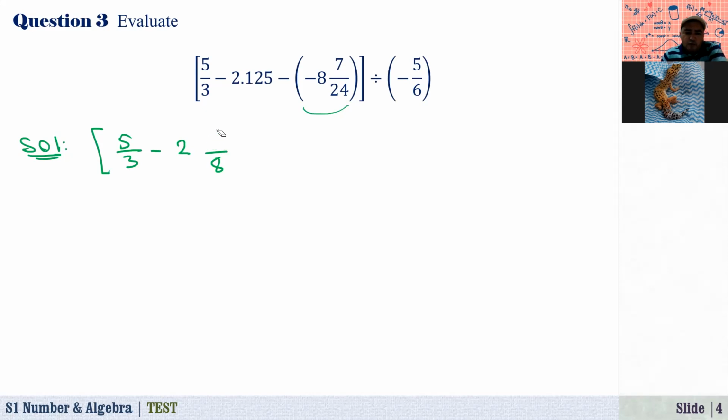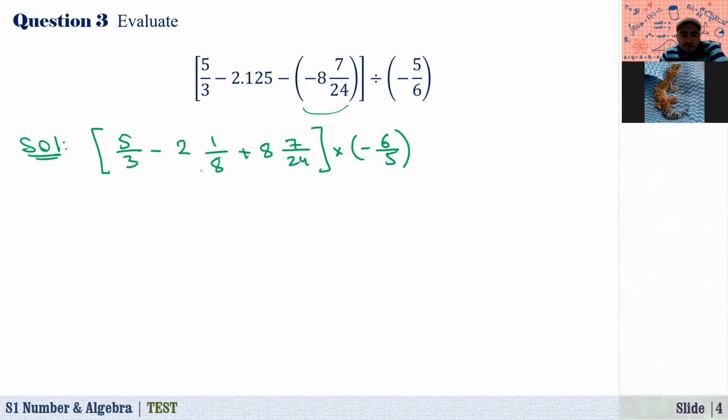Sorry, it's not 3 over 8. It is 1 over 8. And minus minus, it is plus. Here we have 8 and 7 over 24. And divided, so immediately I'll just change this division into multiplication, multiplied by minus 6 over 5. Okay.